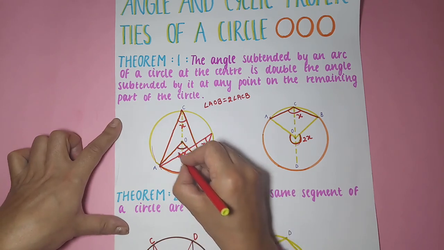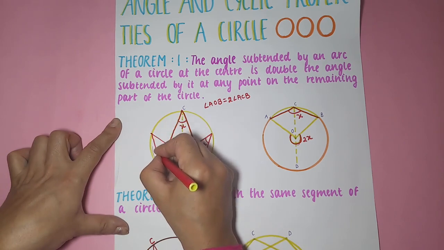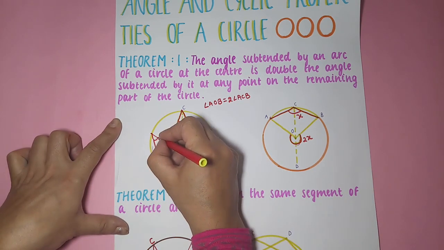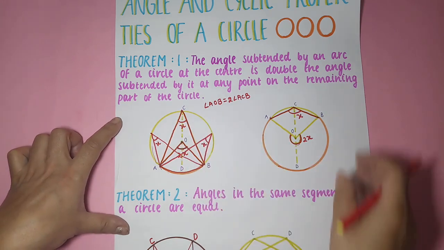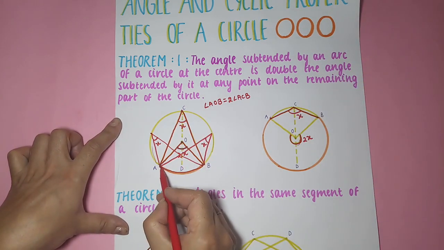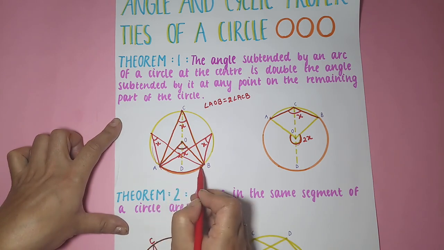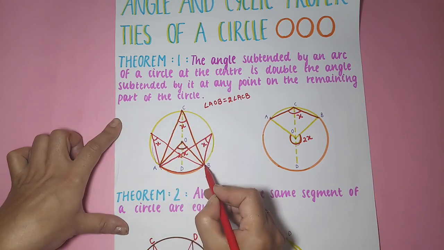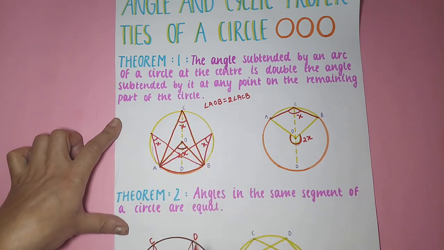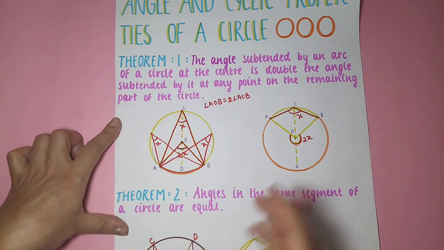Arc AB may subtend this angle at the circumference. This will also be x. This is x. This is x. Does that mean that the same arc subtending different angles at the circumference are equal, right? We are going to make use of this here.